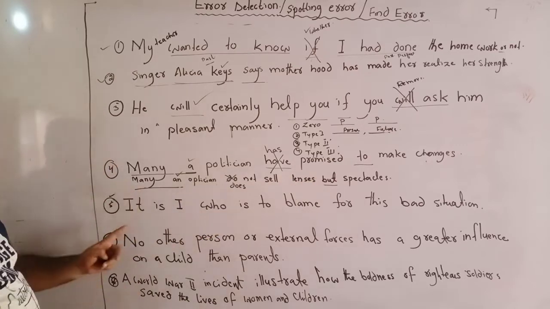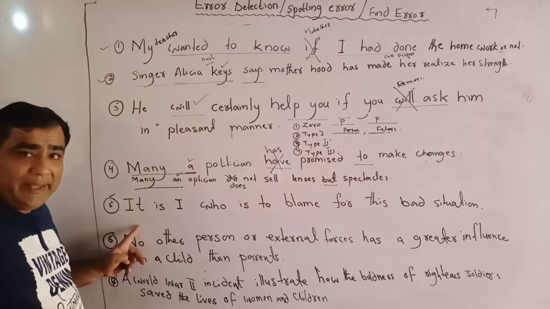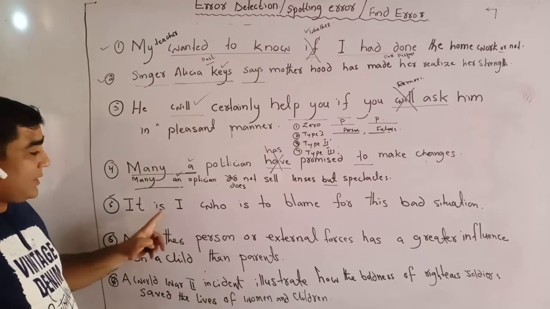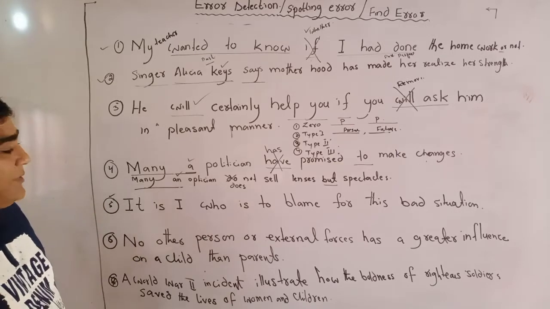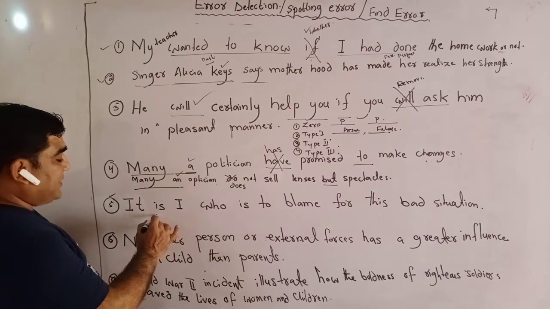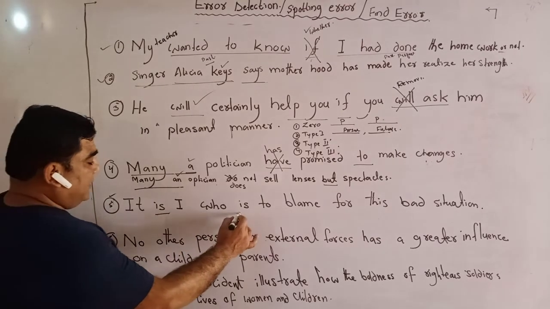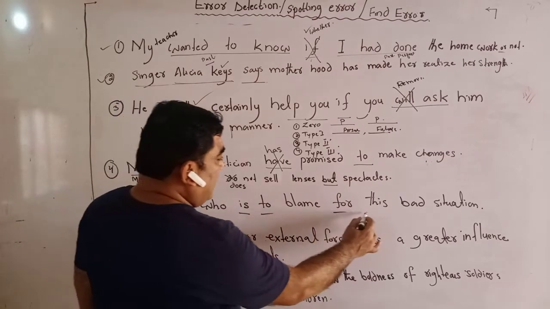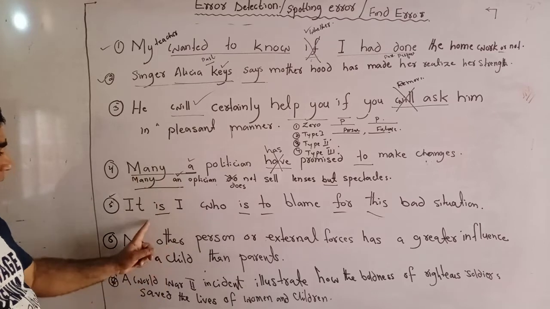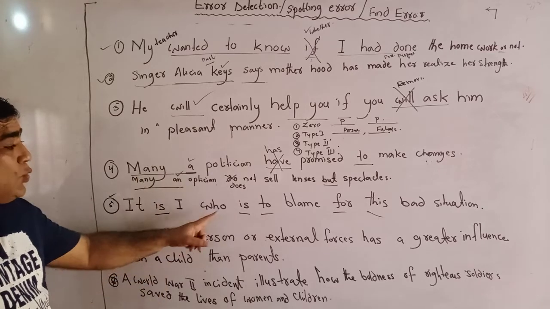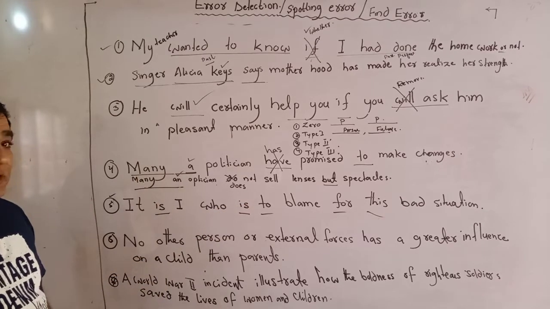See the next, subject verb agreement. It is I who is to blame for this bad situation. Which one is the mistake? "Is," this one, "to," or "for," or nothing else? Read out the sentence. It is I who is to blame for this bad situation.